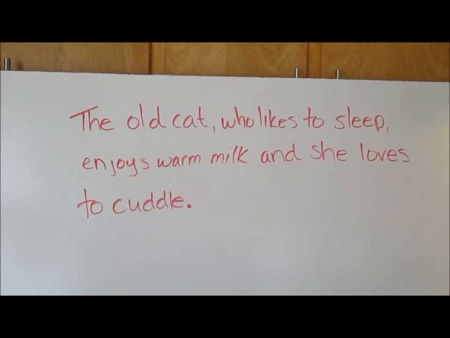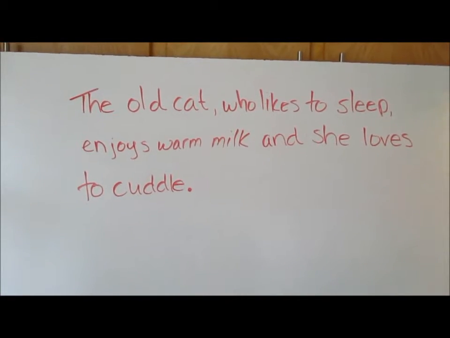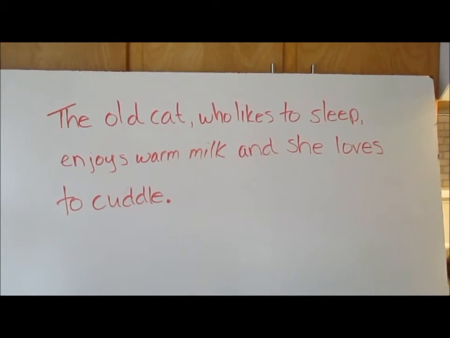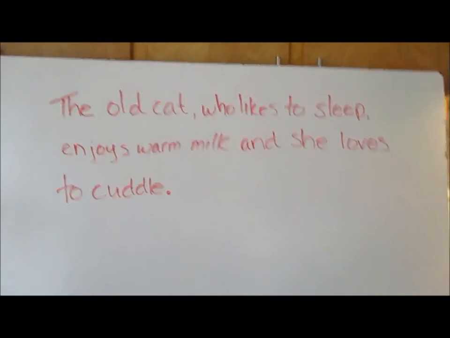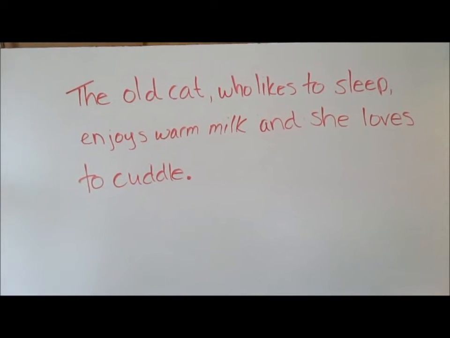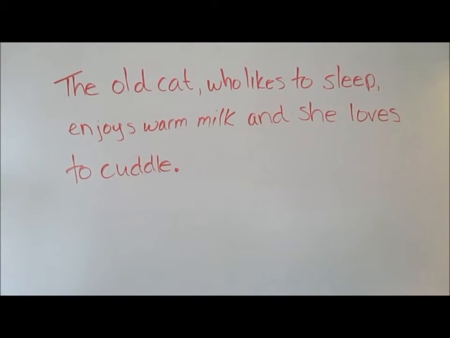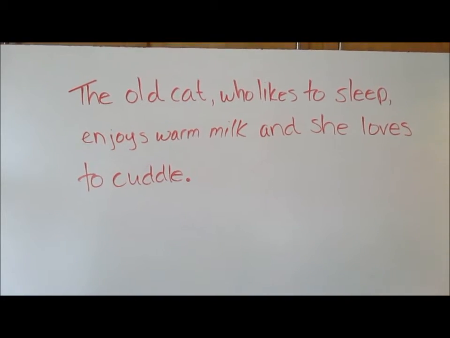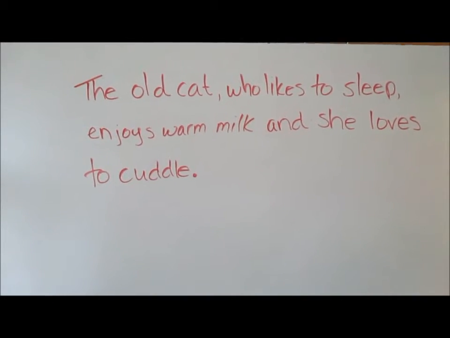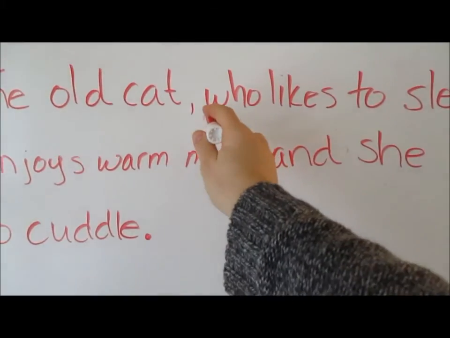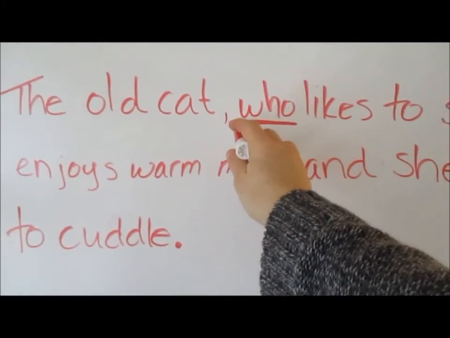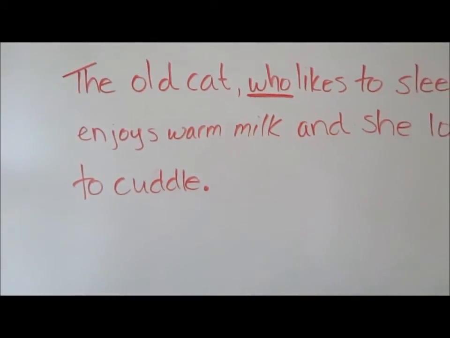So I see a who within commas, and the who, which clauses are adjectival clauses, and they cannot stand alone. Who likes to sleep? That doesn't make any sense. So that cannot stand alone. So that is a dependent clause, an adjectival.